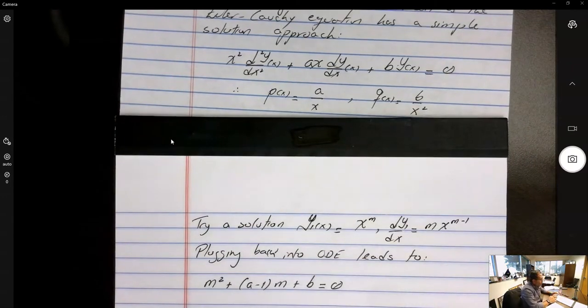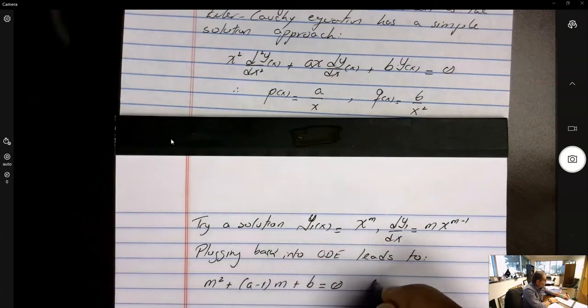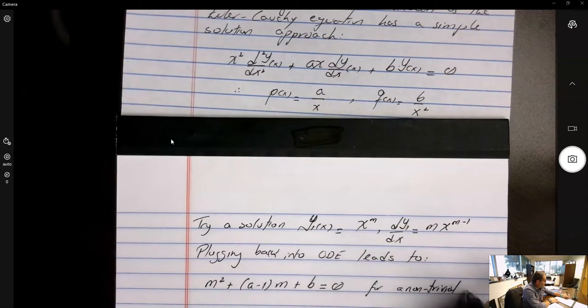So in order for the solution not to be trivial, not to be 0, this will have to be true. So for a non-trivial solution.